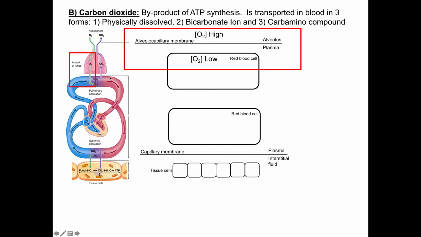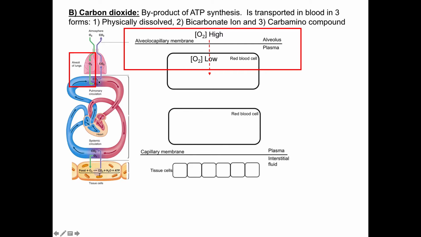First thing, the air that we inhale, the concentration of oxygen in that air is higher than in the blood that's returning to the pulmonary circulation from the body. As a result of that, oxygen is going to move down its concentration gradient from high to low, from the air in the alveoli into the blood in the pulmonary capillaries.